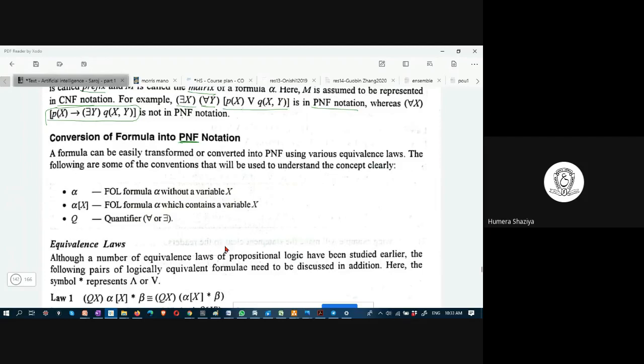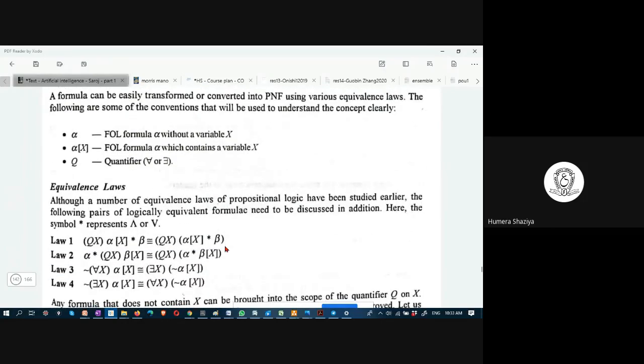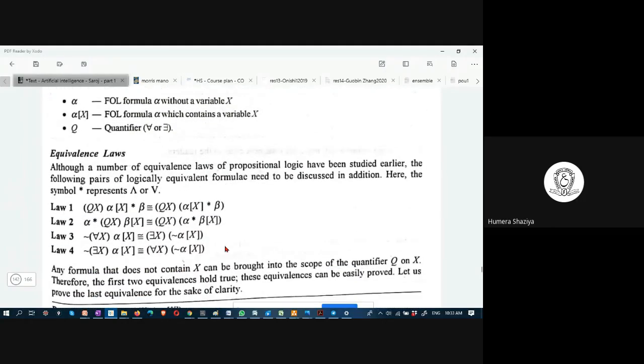Alpha is an FOL formula without a variable x. Alpha of x means FOL formula alpha which contains a variable x. Q is a quantifier, for all or there exists. These equivalence laws are 4 in number.